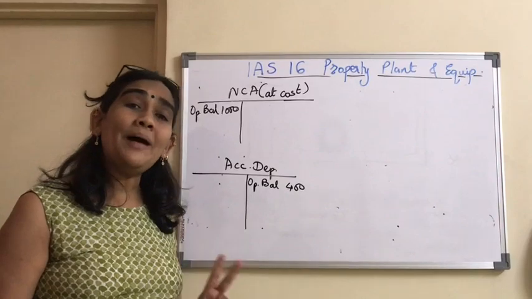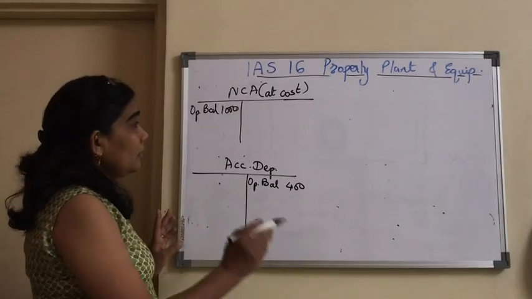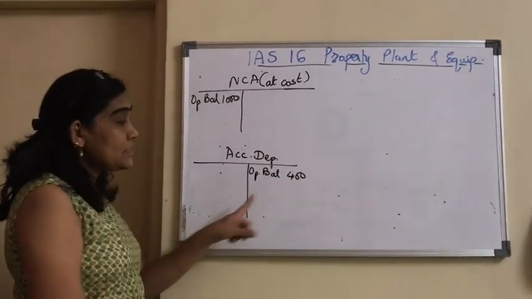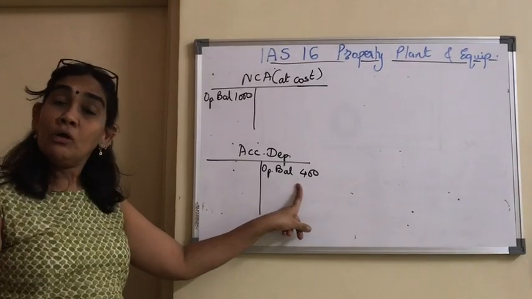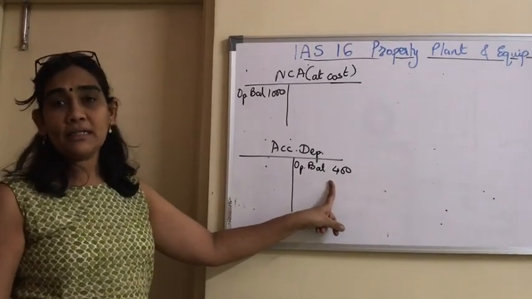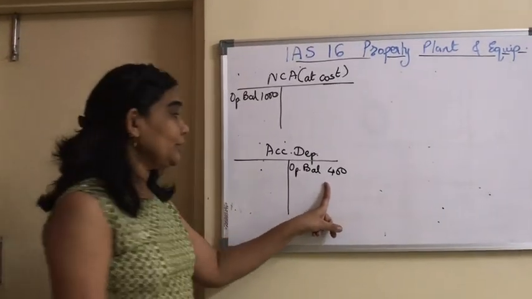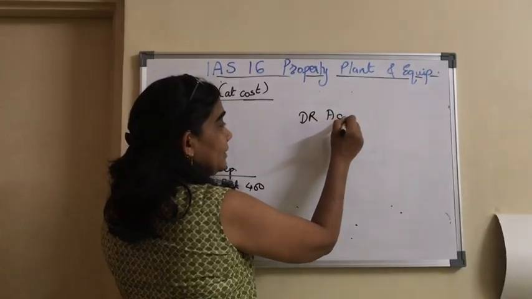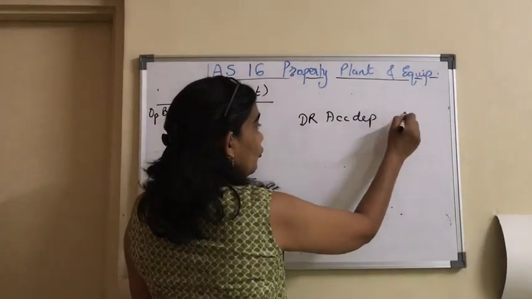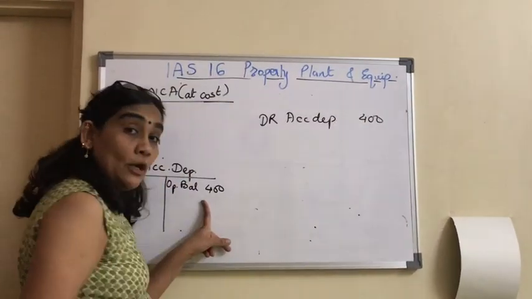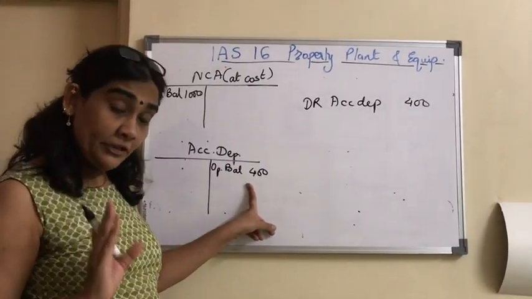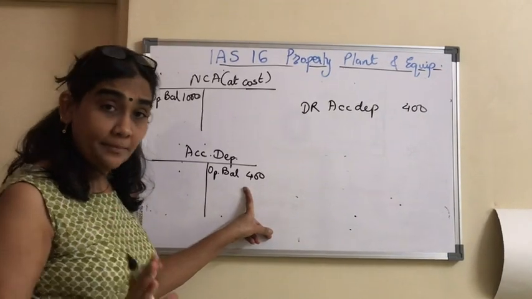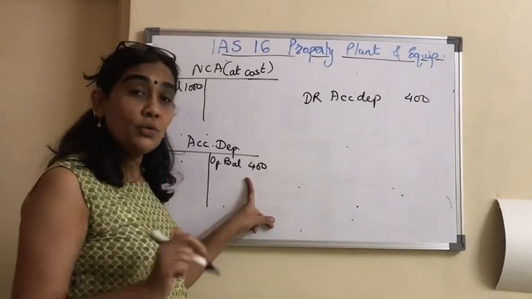So how are you going to pass this entry? So what we need to do is, first we need to cancel out this accumulated depreciation. So the journal entry would be debit accumulated depreciation 400, right? We are creating a reserve here for revaluation surplus, which is 200.